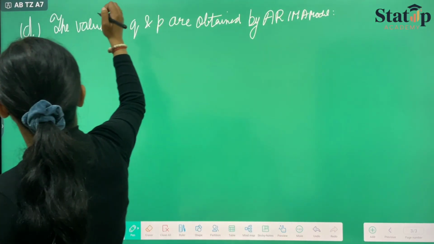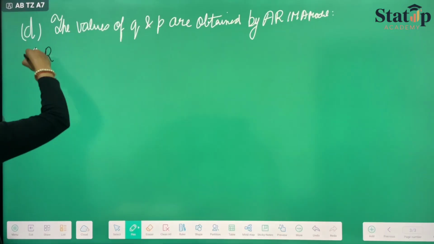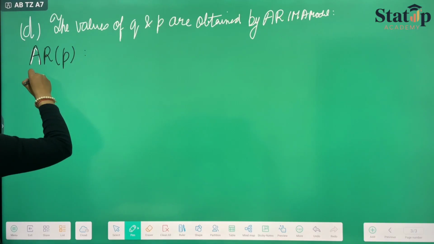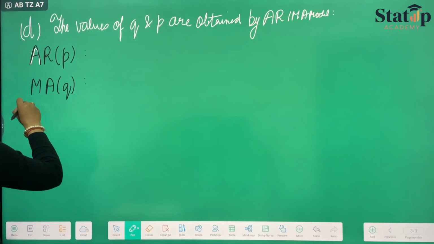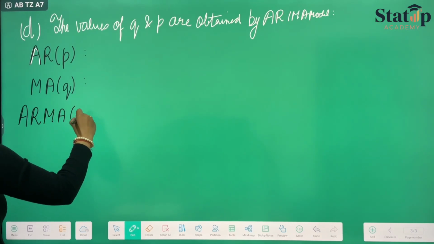So how is it obtained? For AR it is the p process, for moving average the q process, and for ARMA the p comma q process.